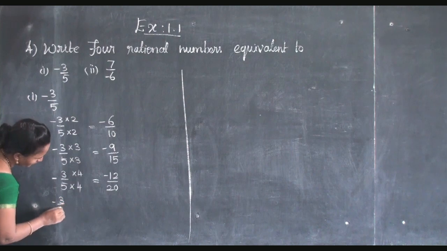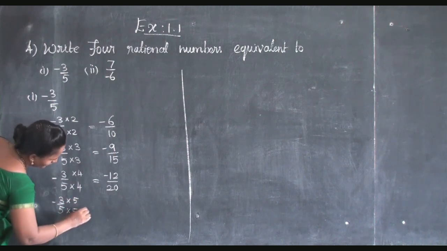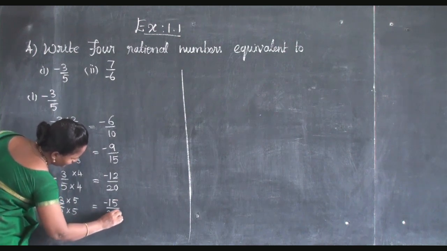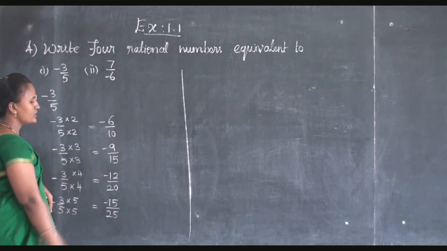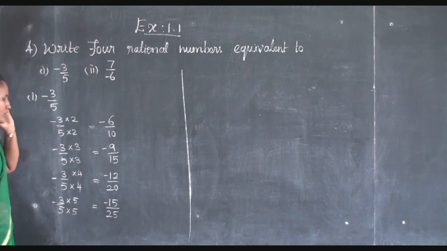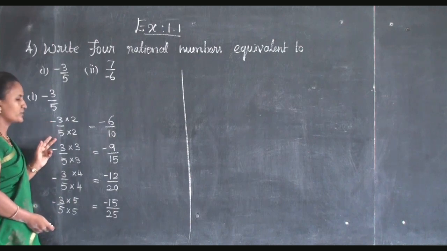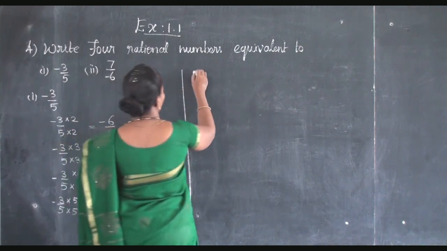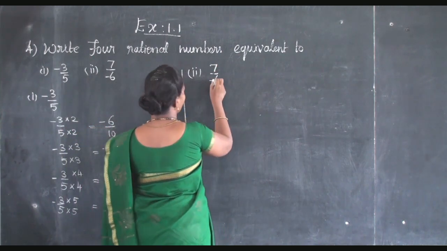And then minus 3 by 5 multiplied by 5, we get minus 15 by 25. So these are the 4 rational numbers equivalent to minus 3 by 5. If we simplify that, it results in minus 3 by 5. That is an equivalent fraction. Next is the sum 7 by minus 6.